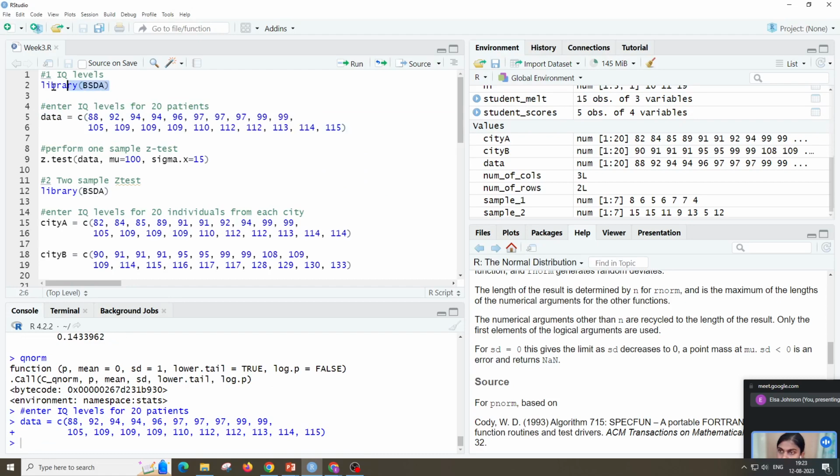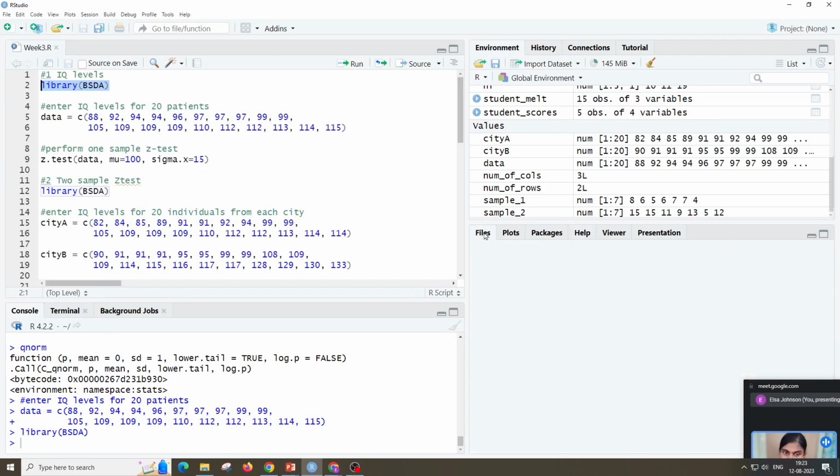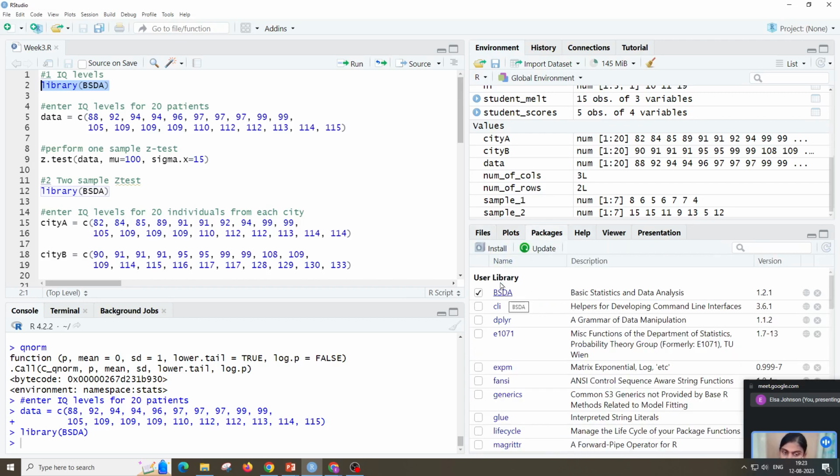That library is known as BSDA. I have included it in my console and programming environment. If it is not present, then you have to install that package, like what I showed last time.